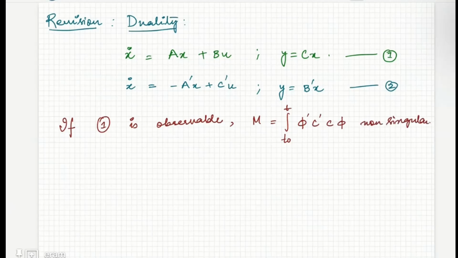All right, and we say that system 2 will be controllable.